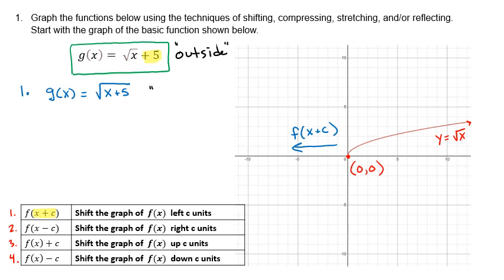And this is what I refer to as inside: the plus 5 is inside of the function, because this plus 5 here is being affected by the function. So if there's a plus 5 on the outside, it does one thing. A plus 5 on the inside, it does another thing. In this case, if there was a plus 5 on the inside, we would move the graph to the left.